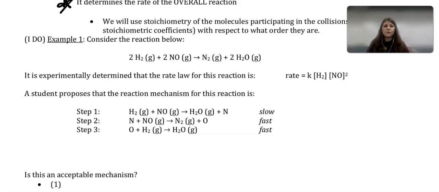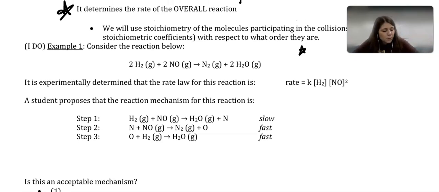They probably took data from different trials and saw that hydrogen was first order and NO was second order. You notice right away that the stoichiometric coefficients don't match up with the rate law. As mentioned previously about the rate determining step, this tells us that this isn't a single step reaction. It basically confirms that this has to be a type of mechanism.